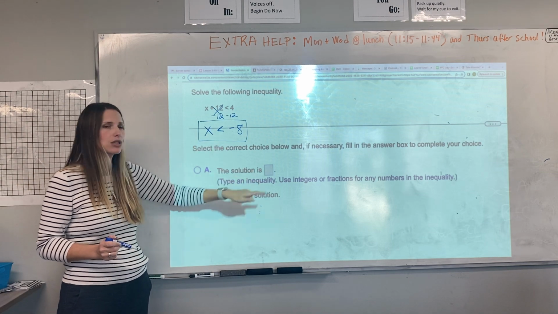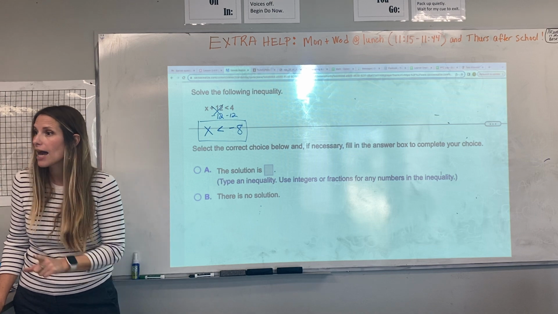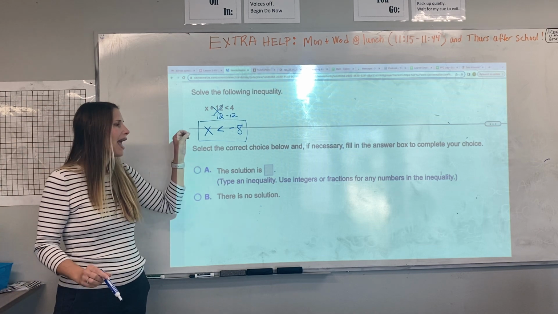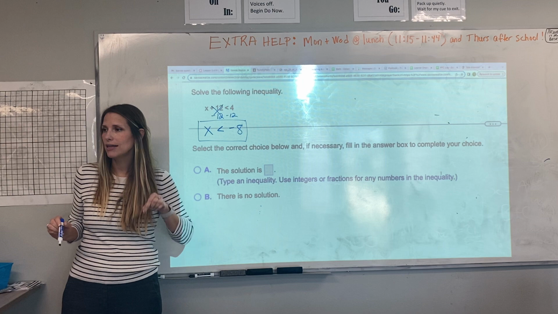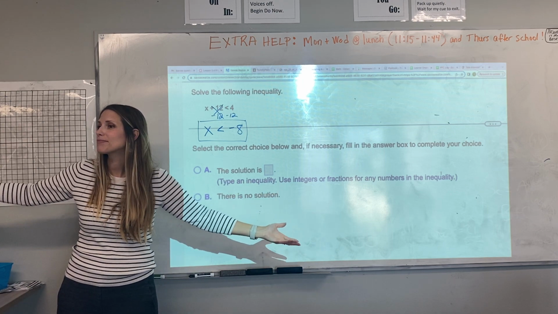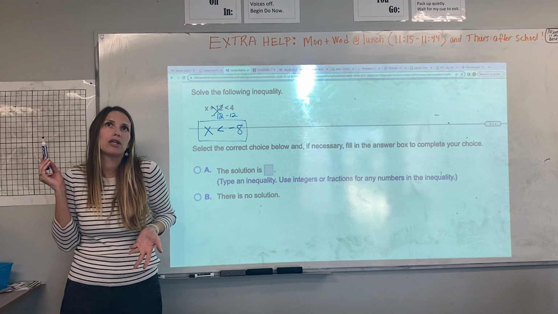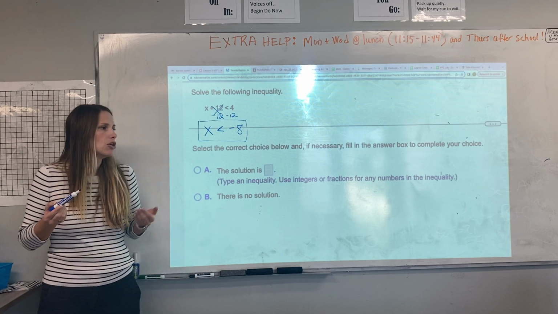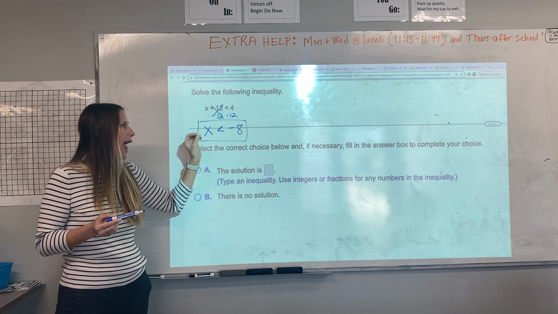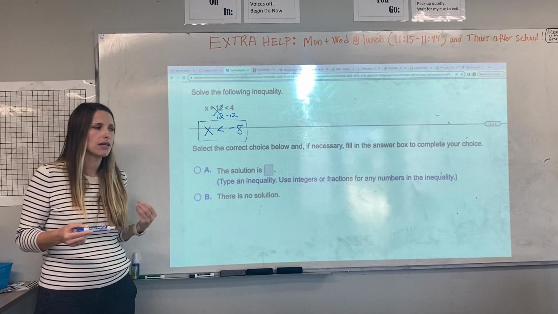Because if you say the solution is negative 8, you're saying that x equals negative 8. And that's not true. X can be anything less than negative 8. For example, negative 20, negative 9, negative 10.32. Okay? So the solution is any x value that is less than negative 8.